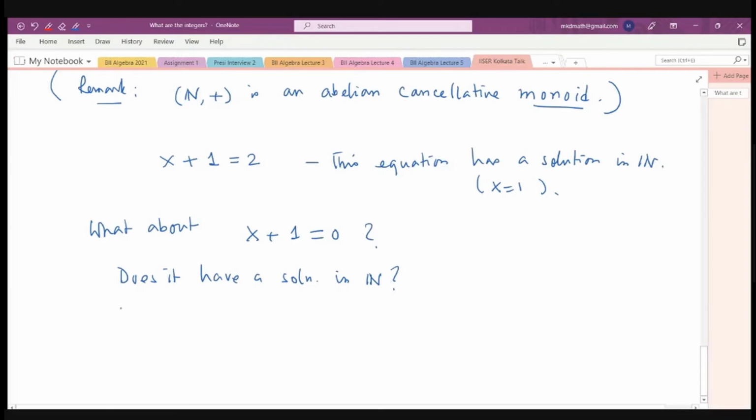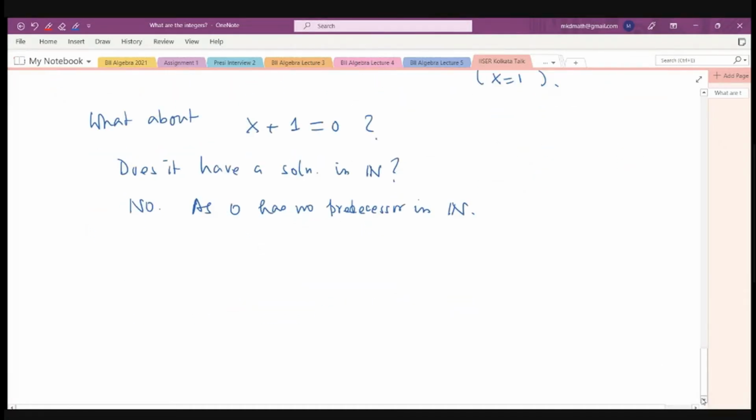Exactly. So the answer is no, as 0 has no predecessor in N. There is no natural number such that its successor is 0. So there is no solution to this equation.